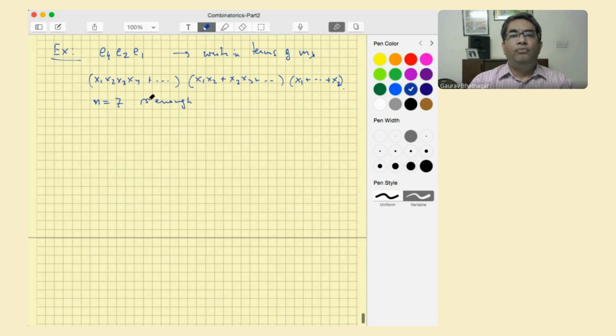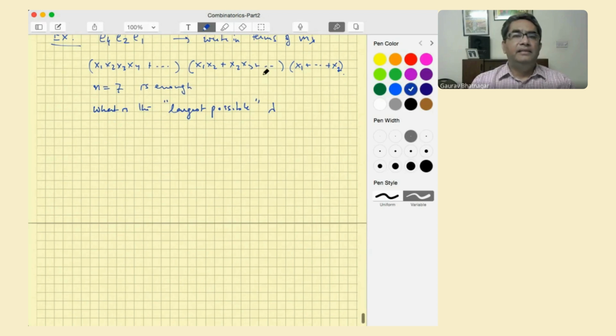So now what is the largest possible lambda? This is what we have, and we want to write it in terms of m lambda. What is the largest possible lambda in this sum?